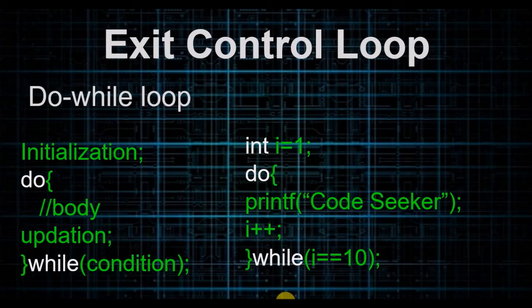Within this example, the value of i is 1, and we are checking if i is 10, then only code seeker should be printed. But as you can see, the value of i is 1 and in the condition we want 10, so the condition is false, yet one time it is still going to be printed. That's why it is called an exit control loop, and the other two are called entry control loops.